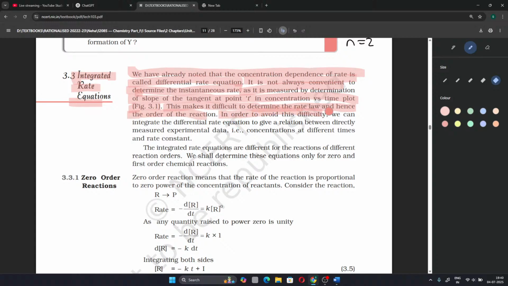In order to avoid this difficulty, for finding the order from the differential rate equation we need to do many things, such as find the tangent, find the slope of the tangent, then find the order, so many steps.